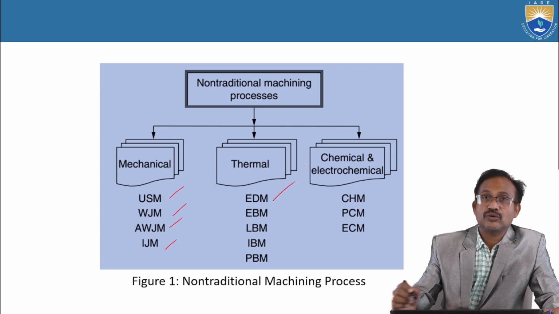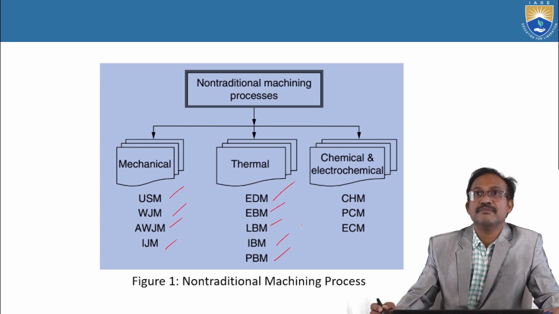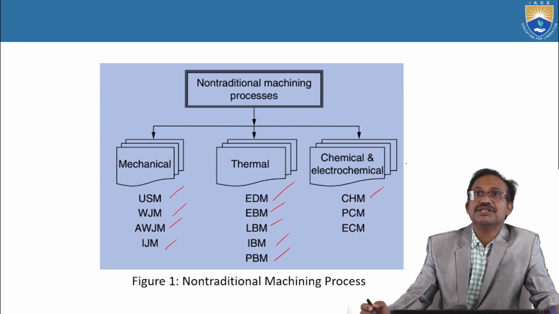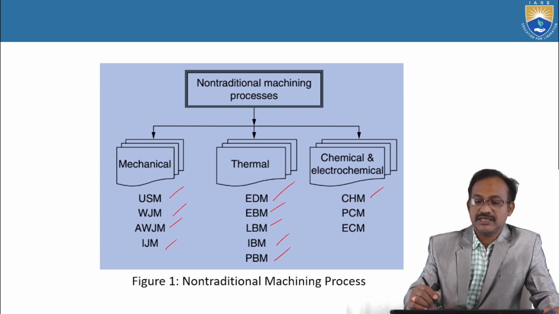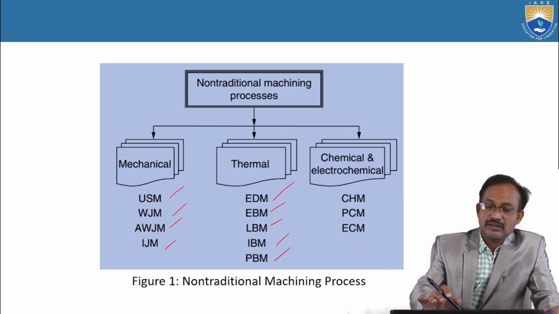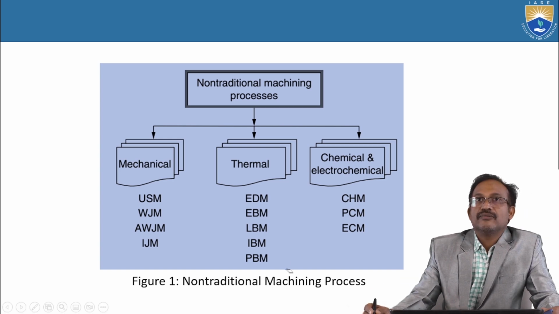In thermal: electro discharge machining, electron beam machining, laser beam machining, ion beam machining, plasma beam machining. In chemical and electrochemical: chemical machining, photochemical machining, electrochemical machining. However, we have to solve the various problems of all these categories.